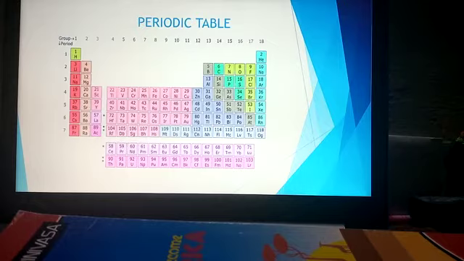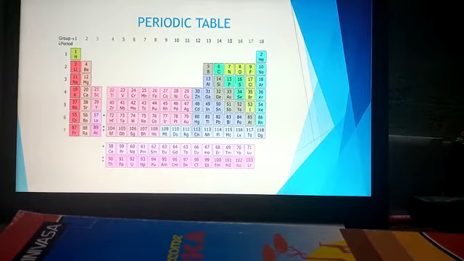The first one is hydrogen, second helium, lithium 3, beryllium 4, boron 5, carbon 6, nitrogen 7, oxygen 8, 9 is fluorine, 10 is neon, 11 sodium, 12 magnesium, aluminium 13, silicon 14, phosphorus 15, sulfur 16, chlorine 17, argon 18, then 19 is potassium and 20 is calcium.